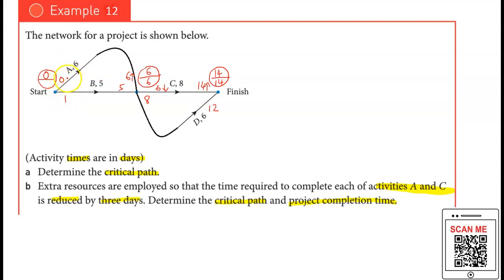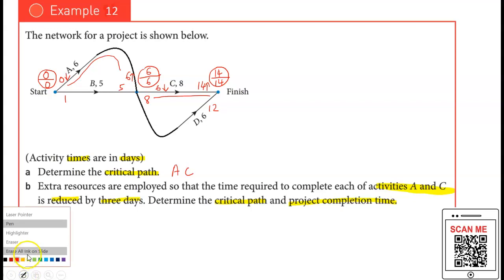Between these two for LST, you look for the smallest value. So in this case, I have the same value as the starting point, the EST, which is 0. That means from here, I can find my critical path as this route, 6 plus 8. So what is the critical path? Your critical path is A, C.